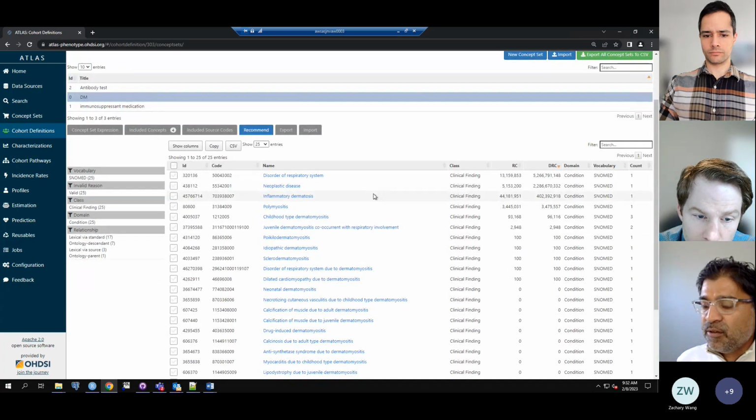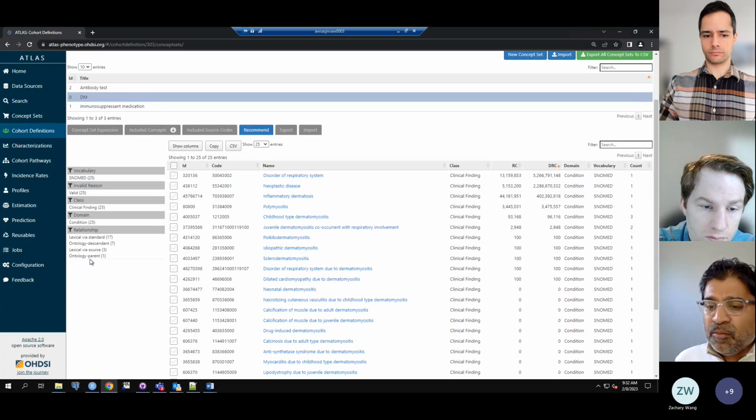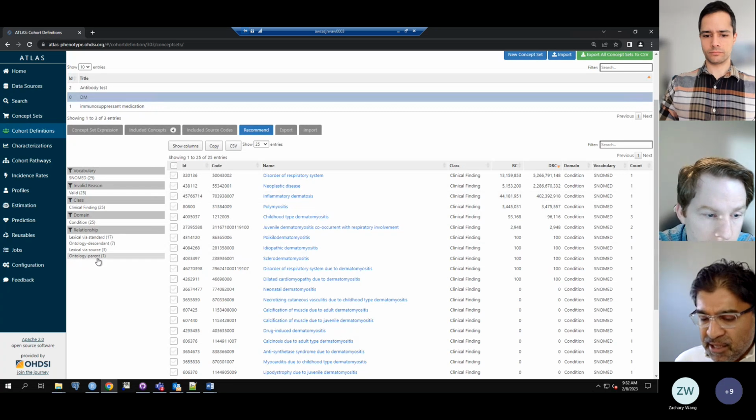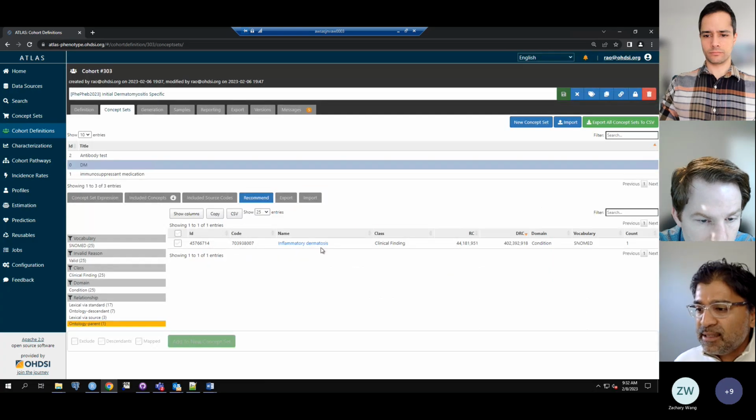So the first step, when I click on this and I look at this recommended section, the recommended section will recommend certain ideas based on certain relationships. Most of it, this ontology parent, is based on the SNOMED hierarchy. So it goes up and down the SNOMED hierarchy chain and says, wait, this sounds like something you may be interested in. And based on that, it says, have you thought about inflammatory dermatosis?